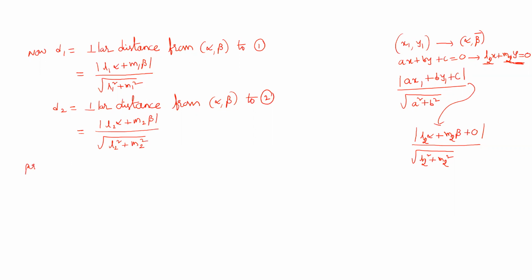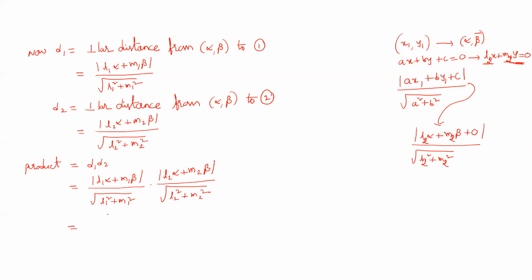Now finally, what we require is the product of perpendiculars. So D1 into D2, multiplying both. First one, mod of L1 alpha plus M1 beta by root of L1 square plus M1 square, into D2, mod of L2 alpha plus M2 beta by root of L2 square plus M2 square.